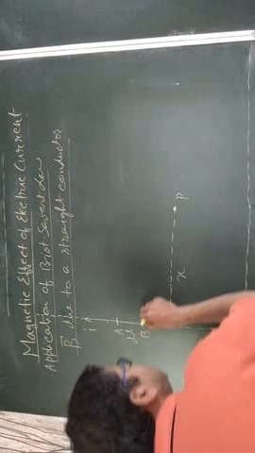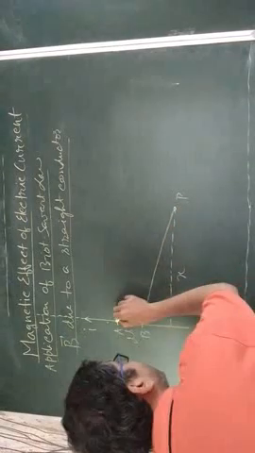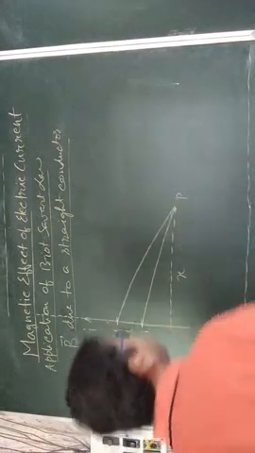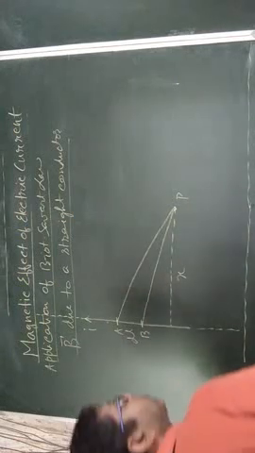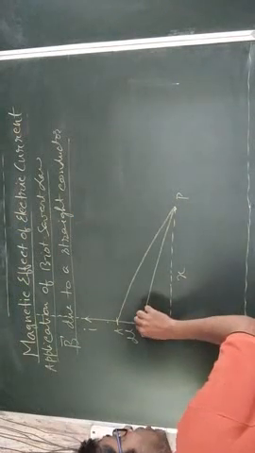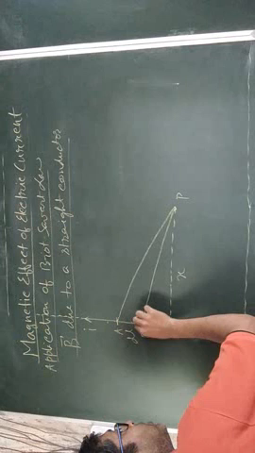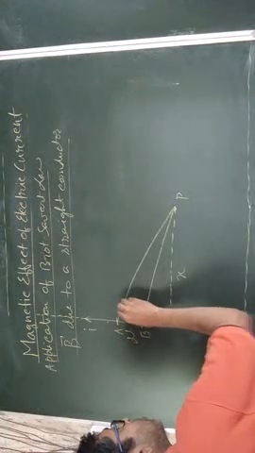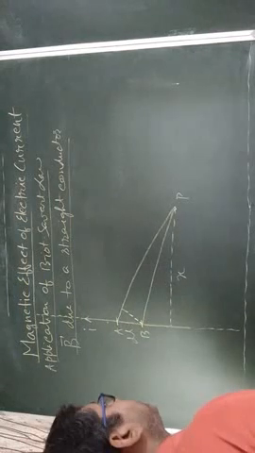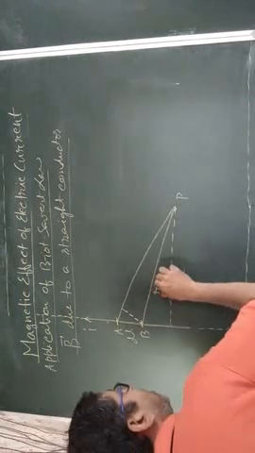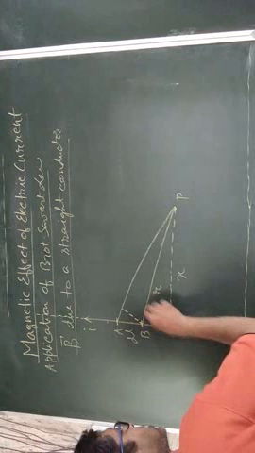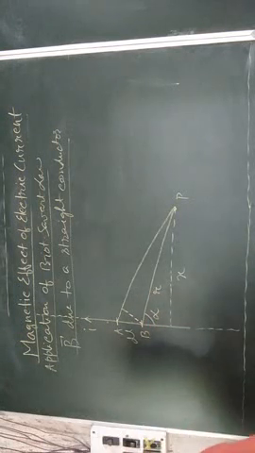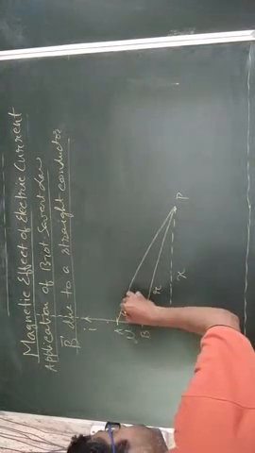Now joining these points with the element's terminal points, and then we draw a perpendicular on AP. So this is R definitely, and this is alpha. This is perpendicular.